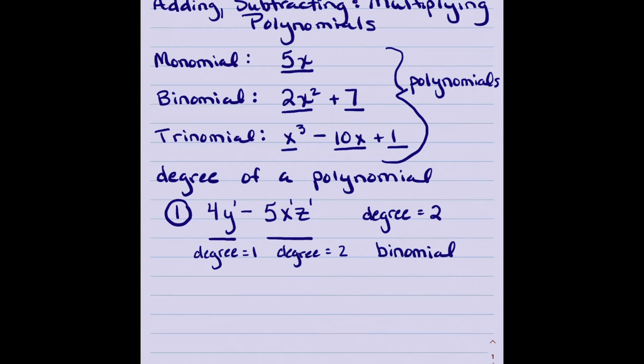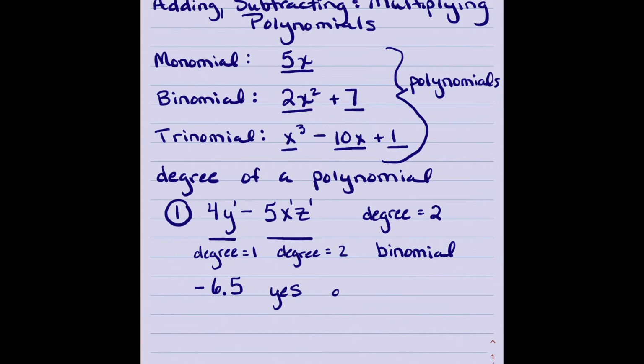All right, next example in this little list is negative 6.5. Is this a polynomial? Yes, it is. Any number is a polynomial. It's a constant, right, because it doesn't have any variables, but it is still a polynomial.